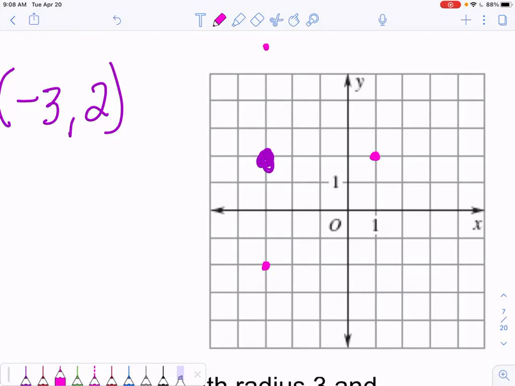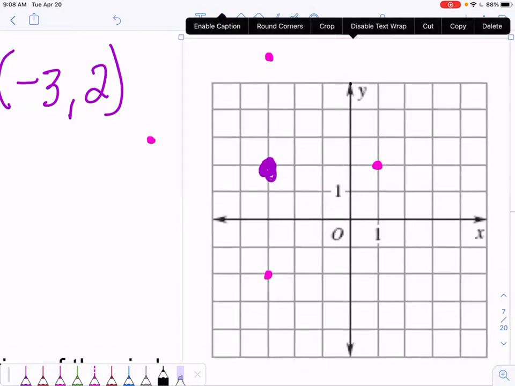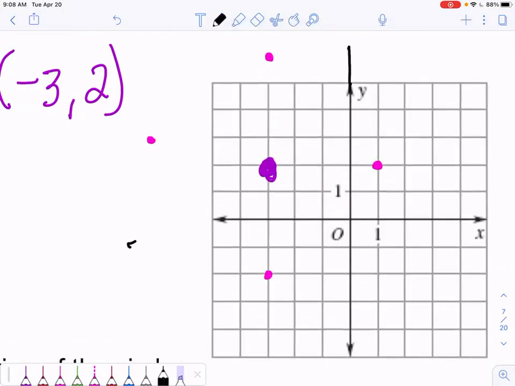I can do the same thing and move above, or move to the left. Now, you cannot move diagonally, because diagonally I cannot count 4 exact units. So go vertically and horizontally, and then connect your points with a circle.